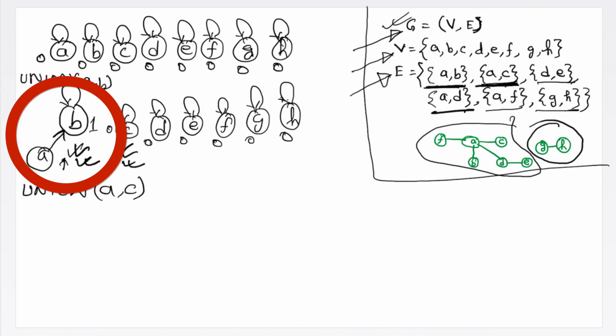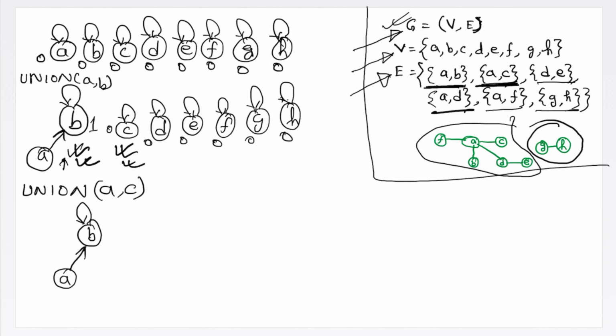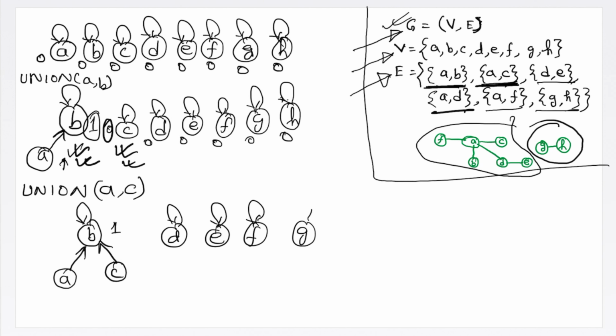As a result, B will be the root in the combined tree, and C will become the child of B. Since we have two different ranks, the combined tree will have the higher rank. The rest of the rooted trees will remain the same.